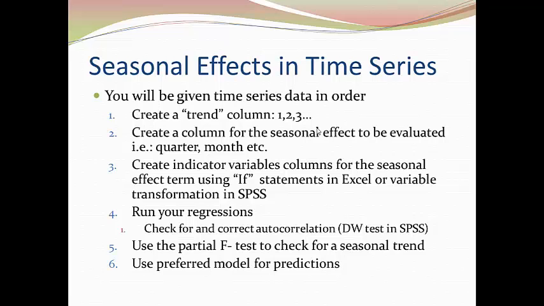Then perform a partial F test to test whether or not there really was a seasonal change, and you're going to have to remember to do that on your corrected model. So if you failed the DW test, you need to make that correction before you do your F test, and then you can use the model to make any predictions.